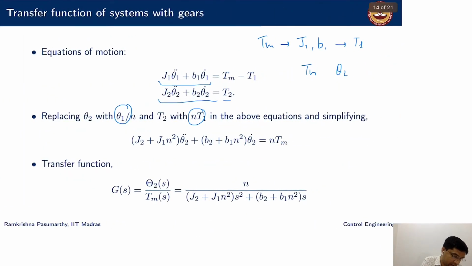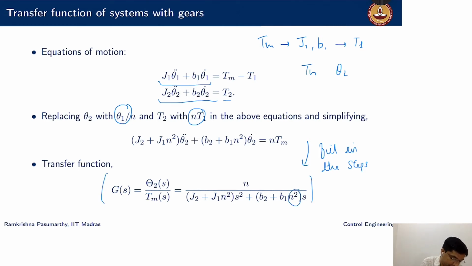So again, fill in the steps to get to an answer of this form. Again, this is pretty straightforward. Just simple algebraic substitutions to get a transfer function for a system.